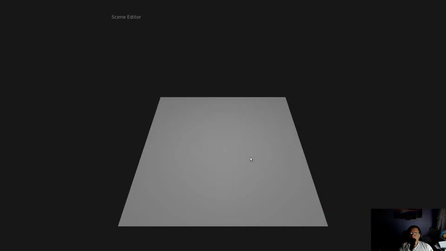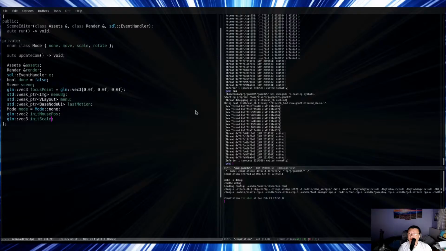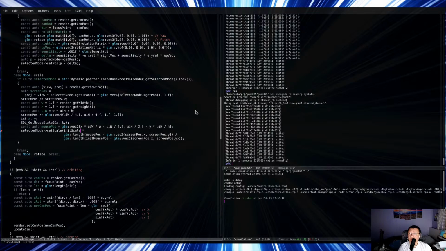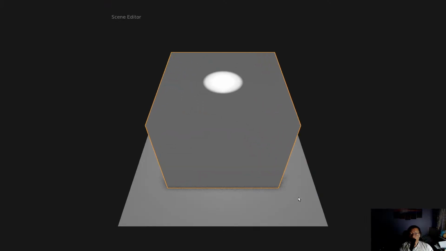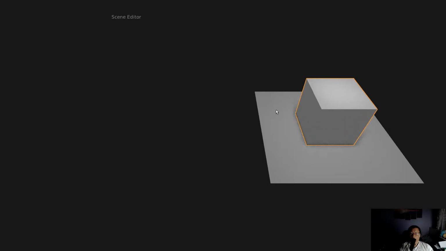Scale. Shoot. Init scale. Doesn't look right.